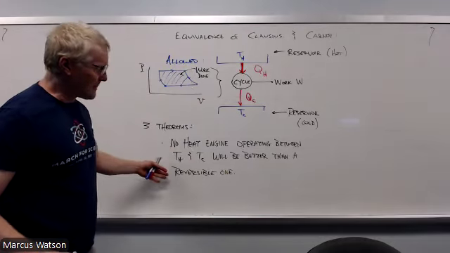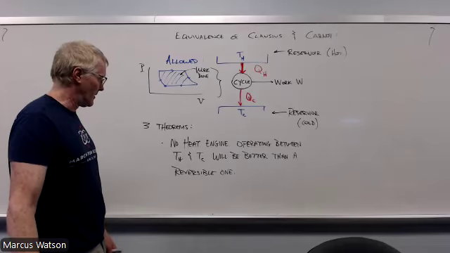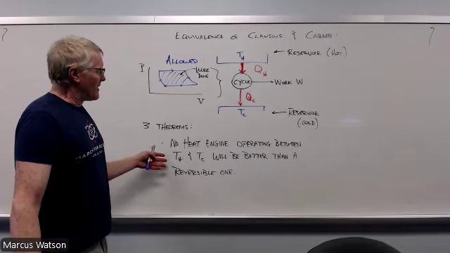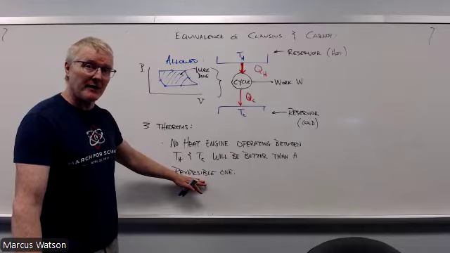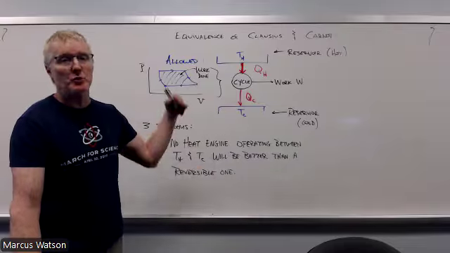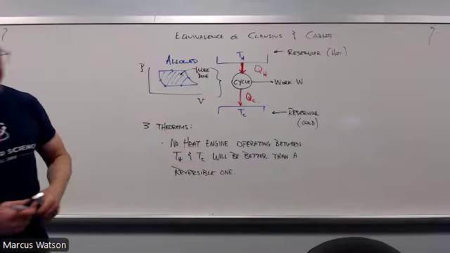What this does is it establishes the reversibility as the best possible case. Therefore, if we calculate the efficiency of the reversible cycle, then any other efficiency of a real engine will be less than that. Right? So that's the first one.